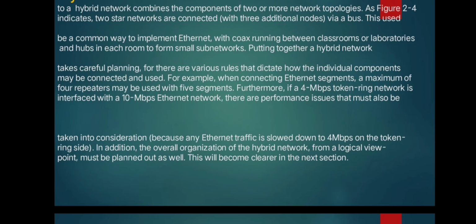Furthermore, if a 4 Mbps token ring network is interfaced with a 10 Mbps Ethernet network, there are performance issues that must also be taken into consideration, because any Ethernet traffic is slowed down to 4 Mbps on the token ring side. In addition, the overall organization of the hybrid network from a logical viewpoint must be planned out as well. This will become clearer in the next section.